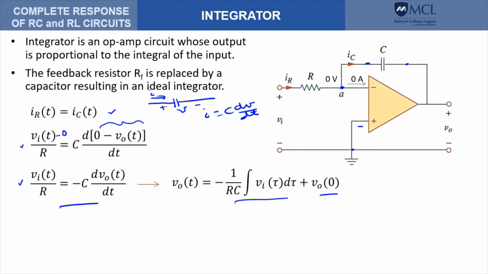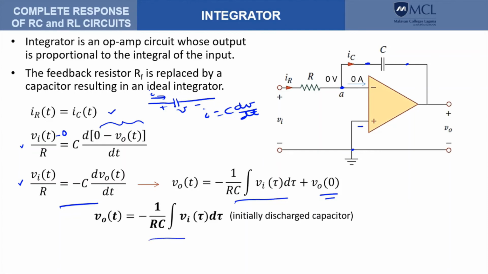If we assume that voltage to be zero, the output is this one, which is really proportional to the integral of the input. It is interesting to note that it is also reversed because of the negative sign.